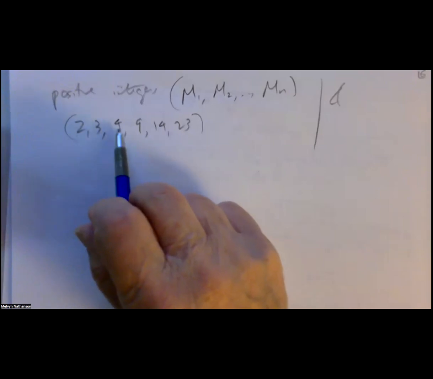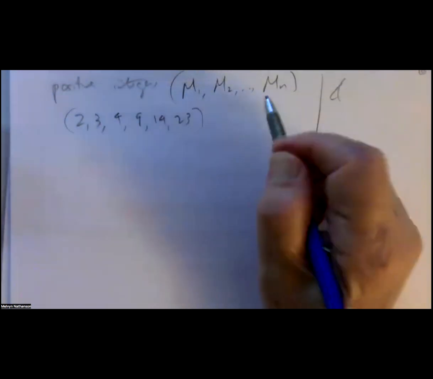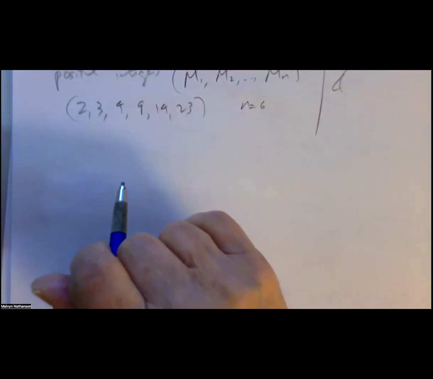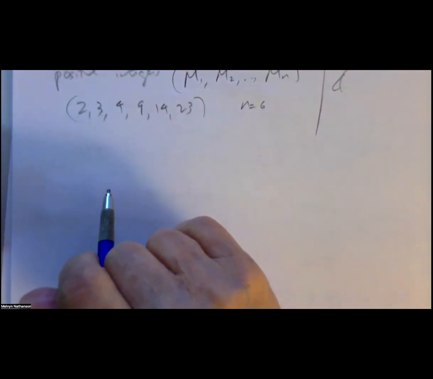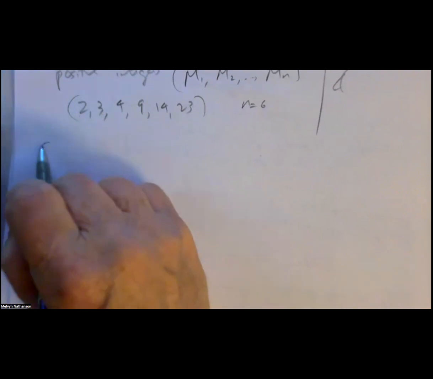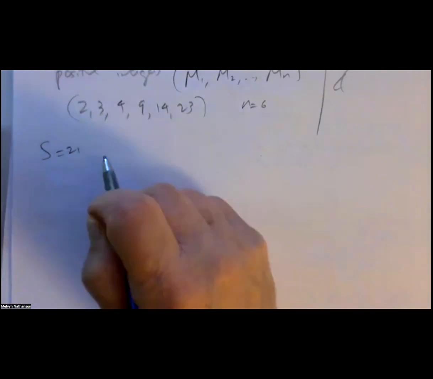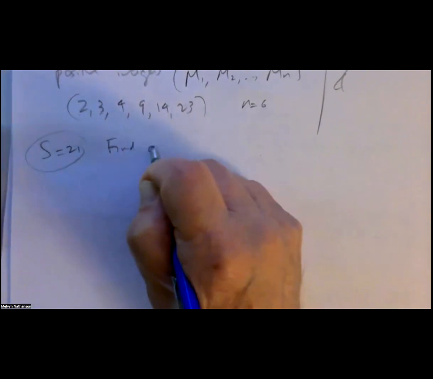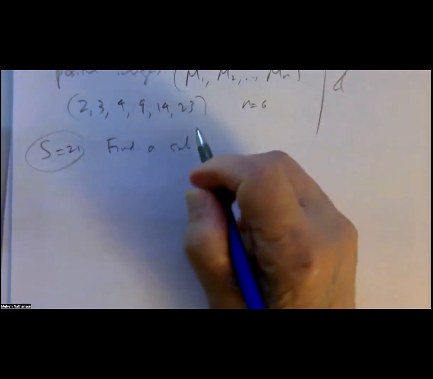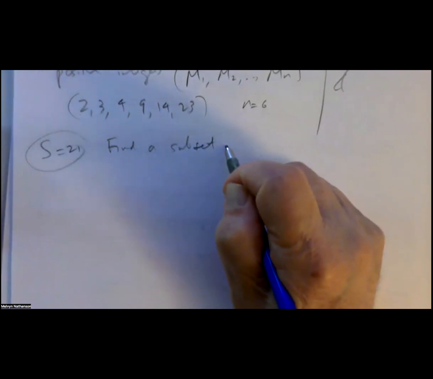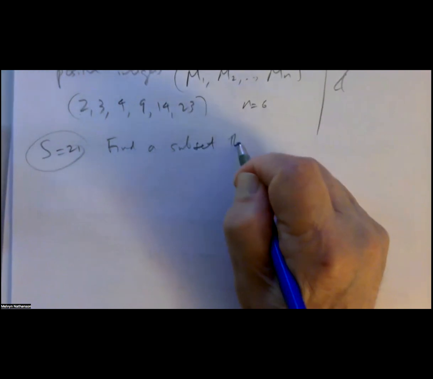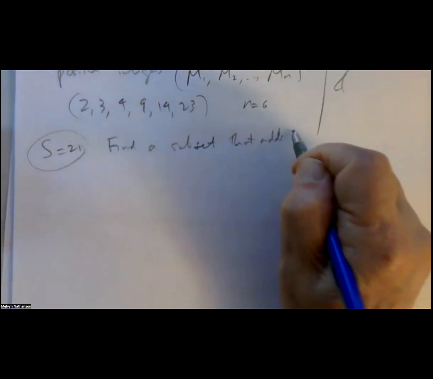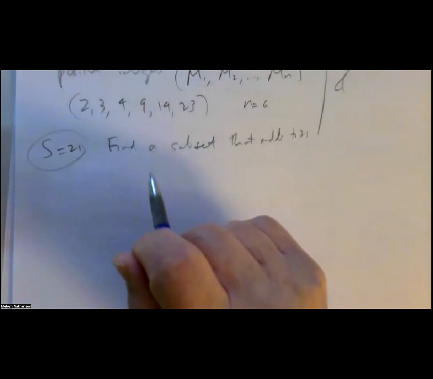So 1, 2, 3, 4, 5, 6 numbers. N is 6. And we have a number S equal to 21, given. And we want to find a subset of these numbers that adds up to 21.